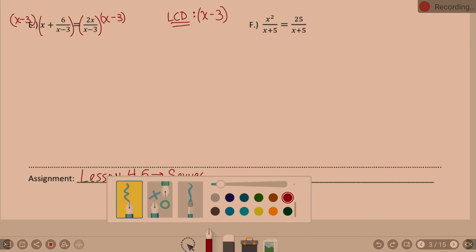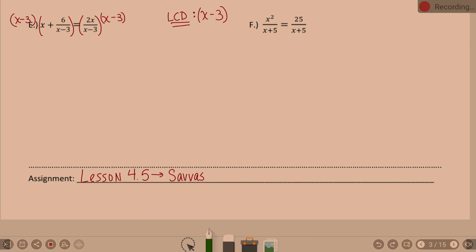So write it out as much or as little as you want. That first term, do we multiply x minus 3 to it? We certainly do.